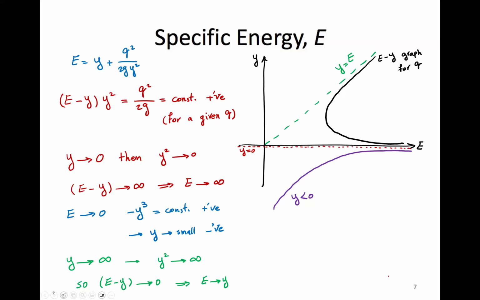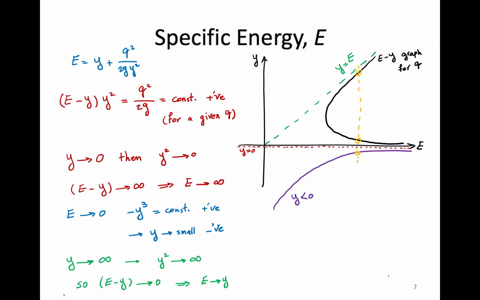So, interesting. Let's look at this in a little more detail. At any given E value, somewhere here, what do we have? It's a cubic equation, so not a surprise. We have 3 values. We have one here, which is always negative. We have one here, relatively small y, and we have one here, relatively larger y.